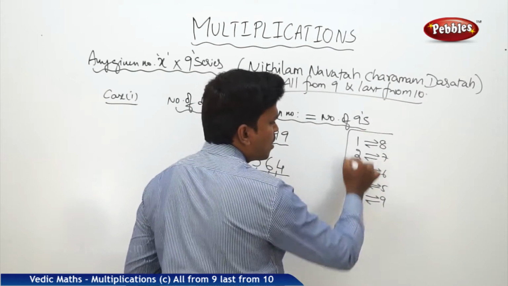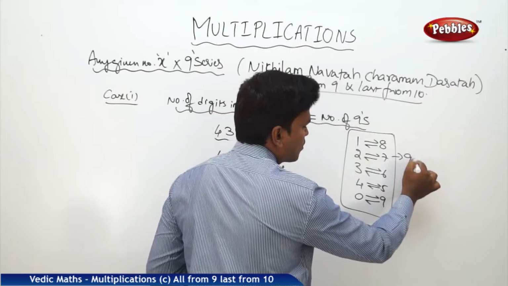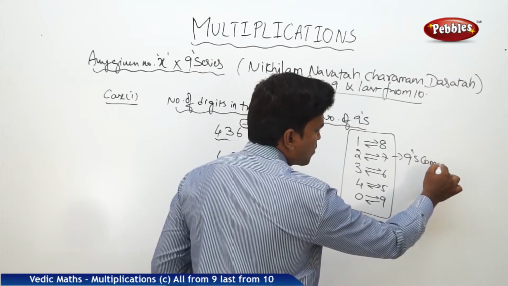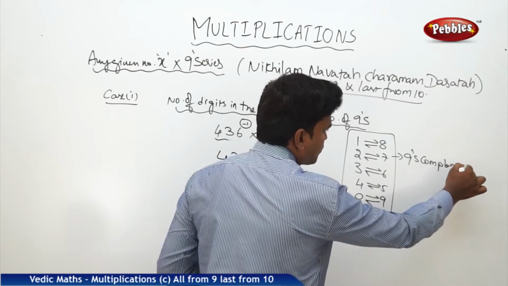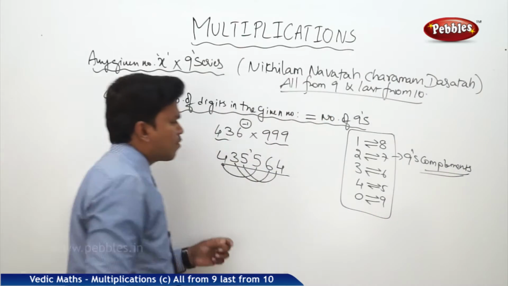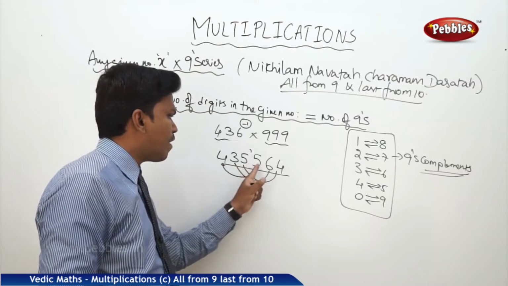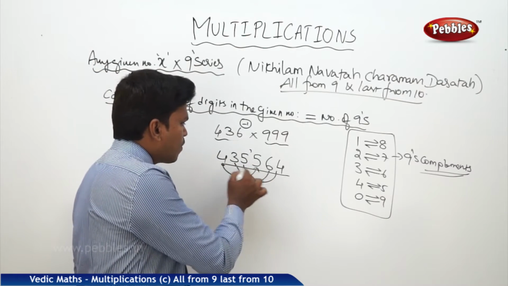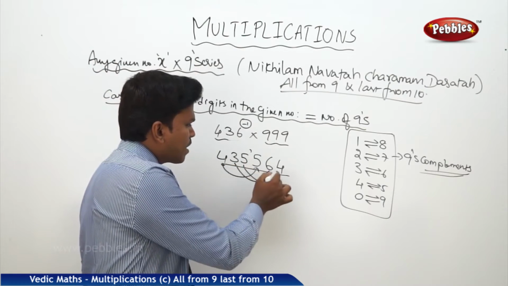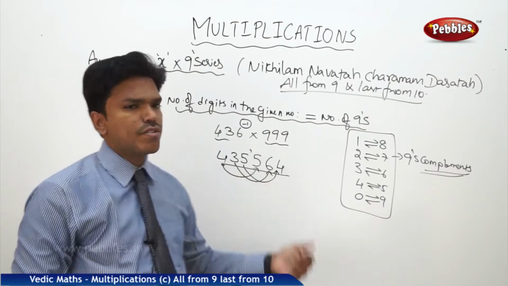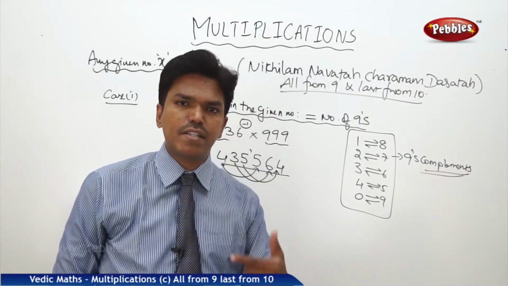So these are nines complements. For these numbers, you have to write sequentially the nines complements. For 4, it is 5. For 3, it is 6. For 5, it is 4. So what is my final answer? 435564.